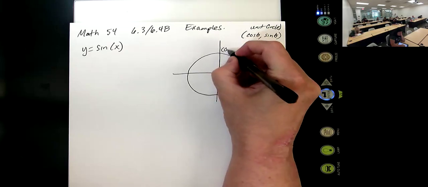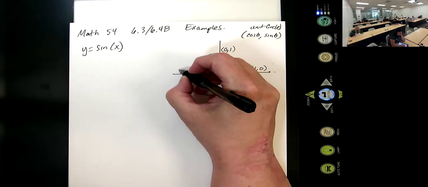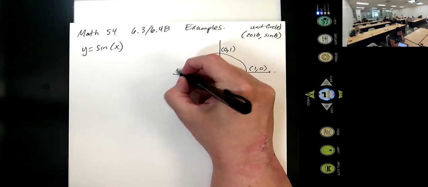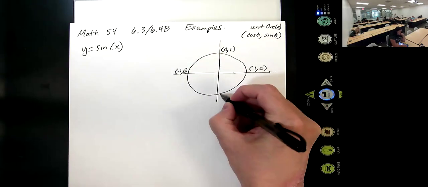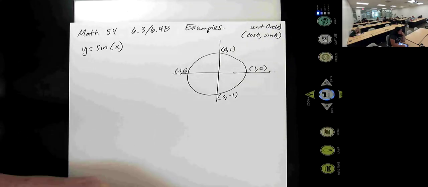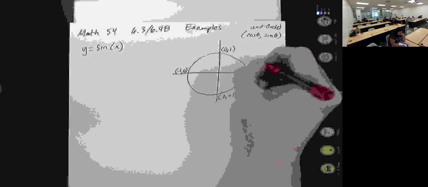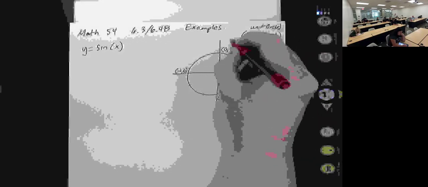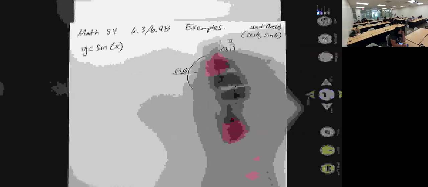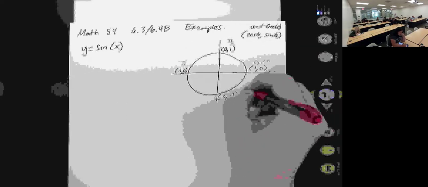This is just standard graphing right here without throwing in any angles. This corresponds to 0 and 2 pi. This corresponds to pi over 2. This corresponds to pi and 3 pi over 2.